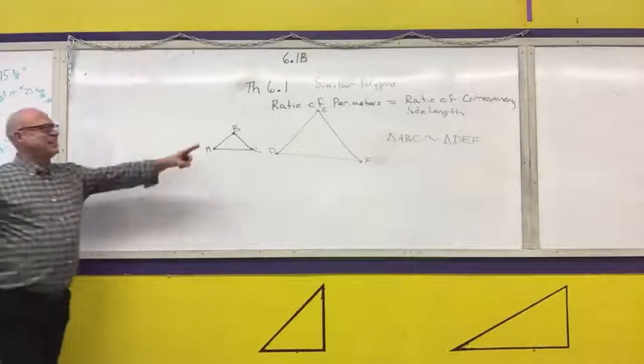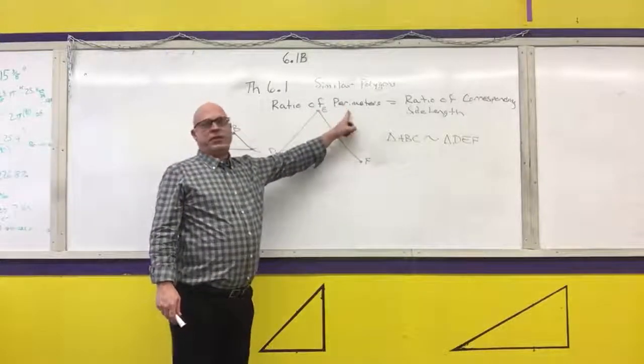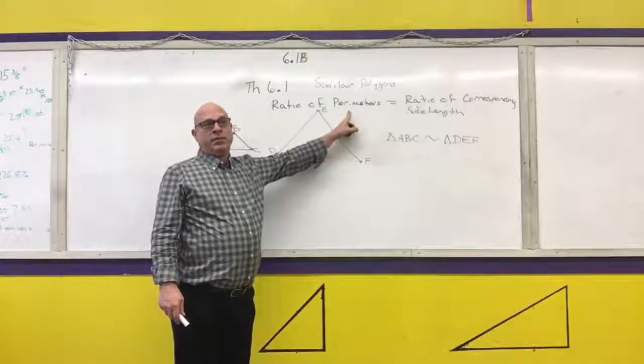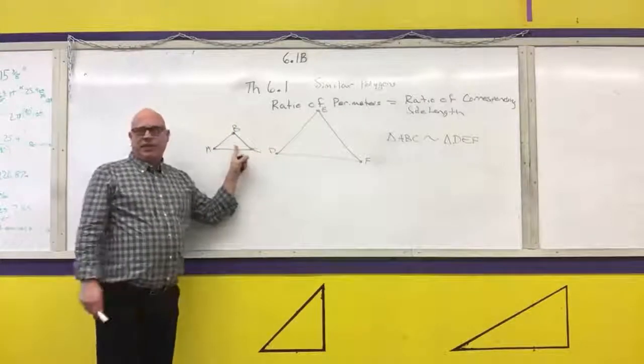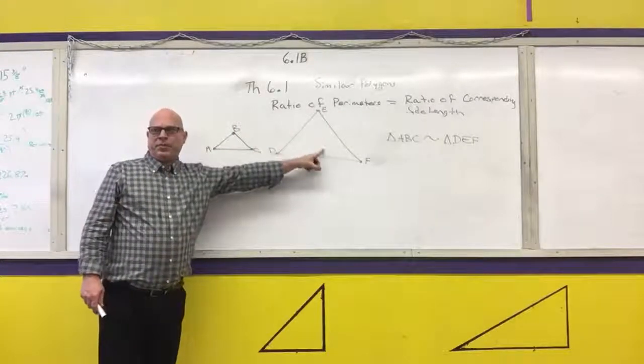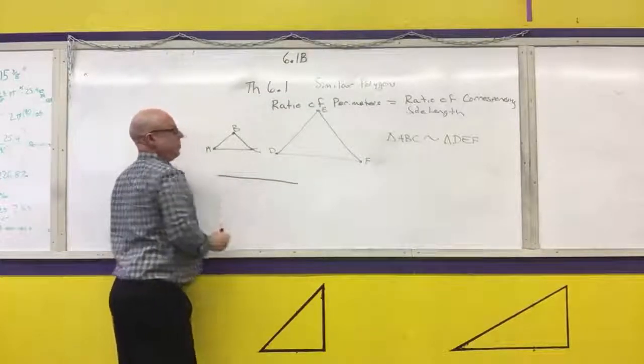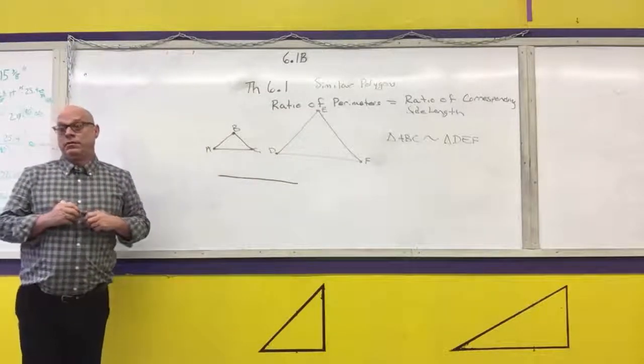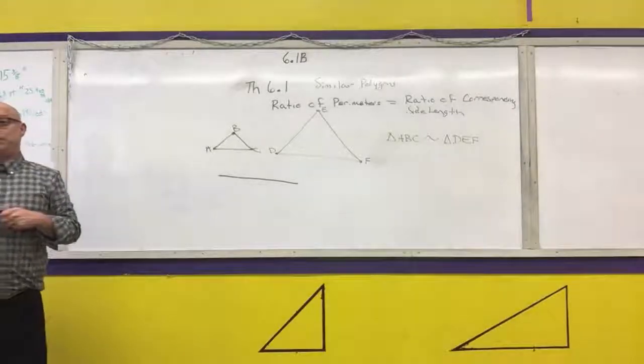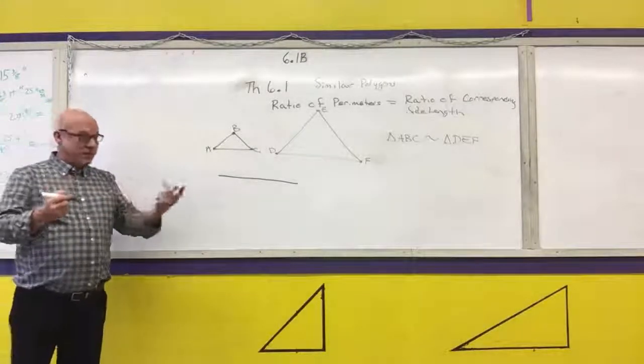So what this says is the ratio of the perimeters. We take the perimeter of the left-hand triangle over the perimeter of the right-hand triangle. How do we find the perimeter of a triangle? Add up all the sides.